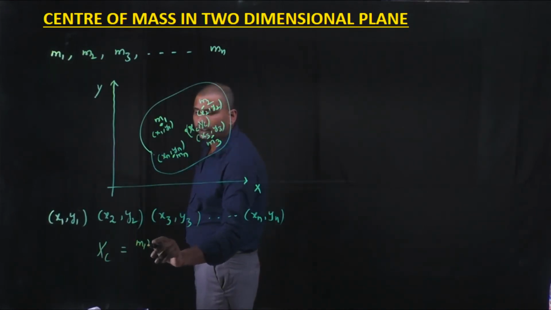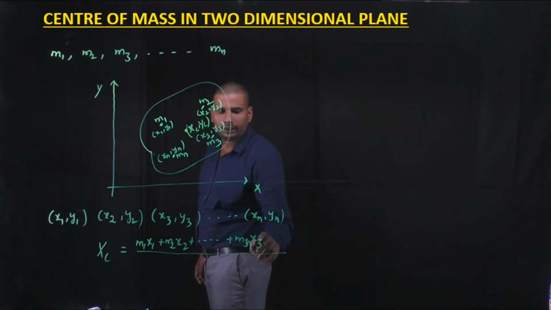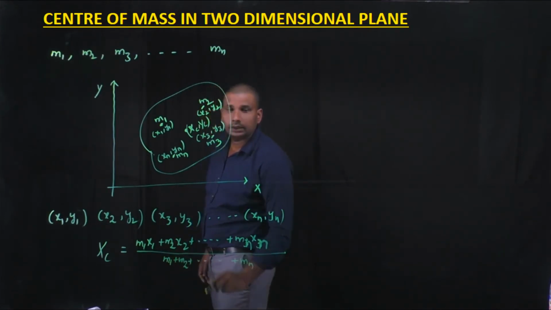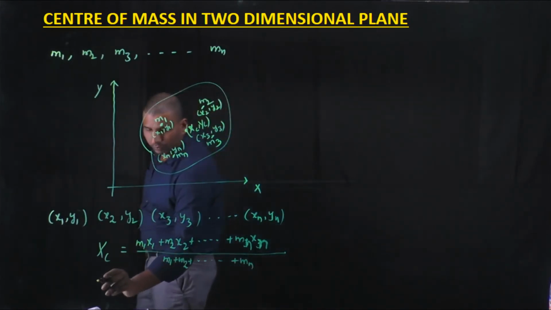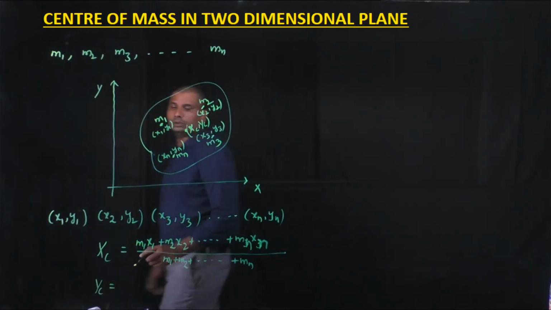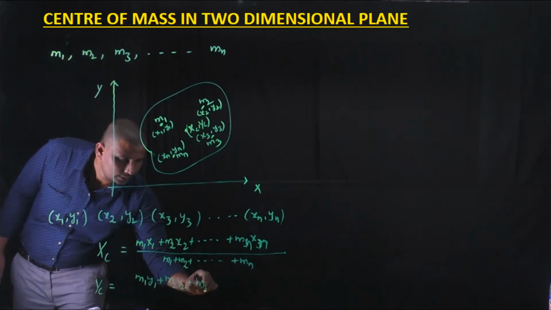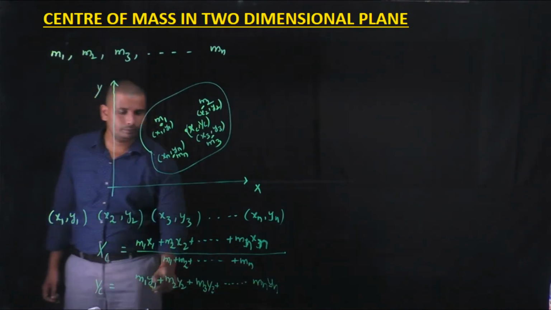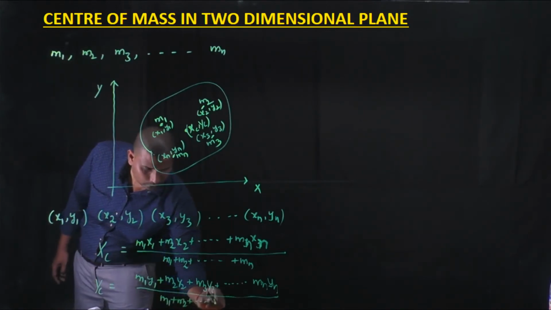Okay, here the expression for the center of mass along the x coordinate is xc equals m1 x1 plus m2 x2 plus m3 x3 plus and so on mn xn by m1 plus m2 plus and so on plus mn. This is the center of mass of the x coordinate, and center of mass of the y coordinate is yc equals m1 y1 plus m2 y2 plus m3 y3 plus and so on mn yn by m1 plus m2 plus and so on plus mn.